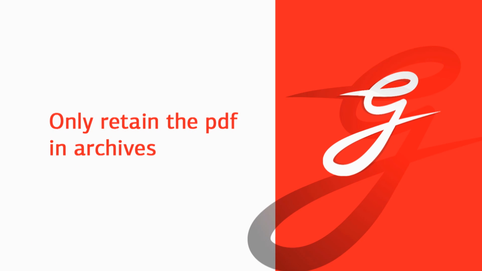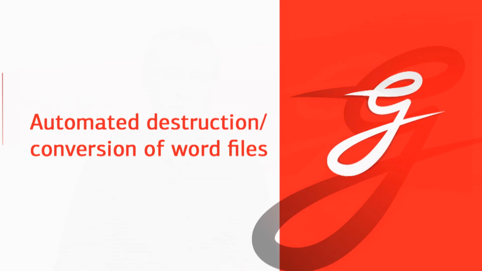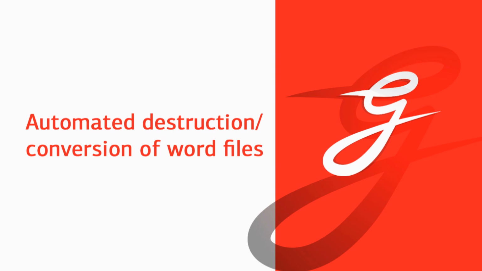But in archives, you need to take only one PDF file, and you can easily create programs or automated services to destroy all these versions, Word files, or convert Word files to PDF files. And this is one part which is different from the paperwork.